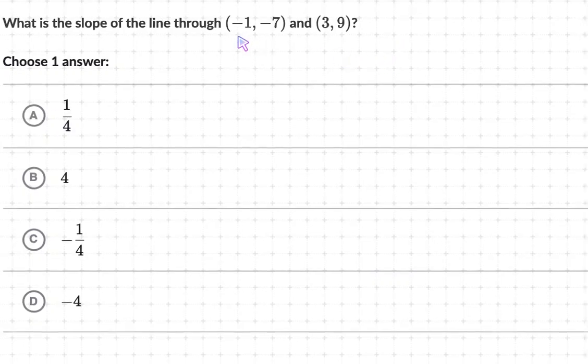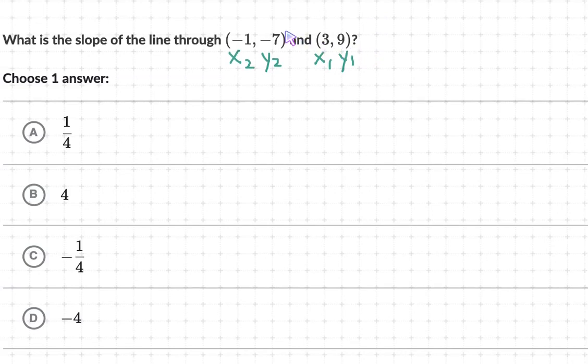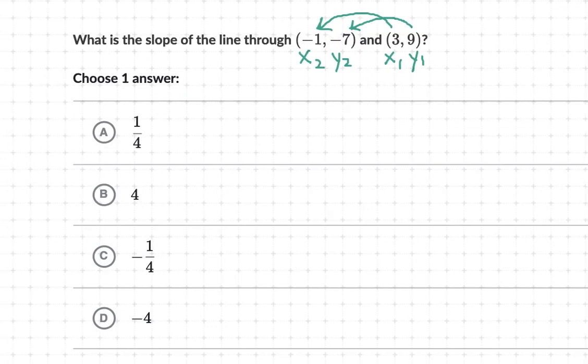Okay, so I'm going to label my points. Again, it doesn't really matter which one is labeled as point 1 versus point 2. I can go in reverse order, that's fine. And later on I have to make sure my order is the same. So if I subtract my y's this way, I'm going to have to subtract my x's this way, and vice versa, okay?